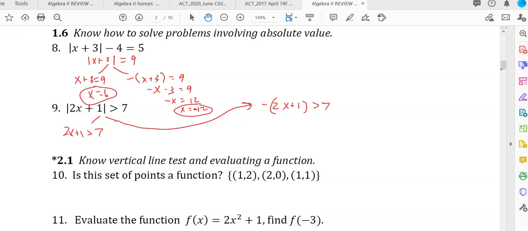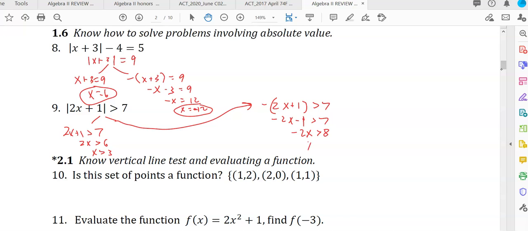So let's solve that. You get 2x greater than 6, x greater than 3. This one you get -2x minus 1 minus 1 greater than 7, so -2x greater than 8.